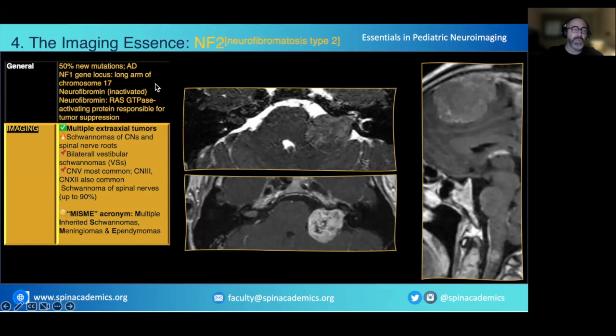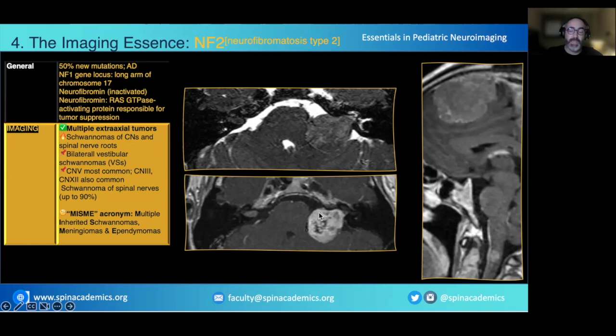NF2 is also autosomal dominant, and 50% are new mutations. The typical characteristic is multiple extra-axial tumors. As in this case, you can see these bilateral schwannomas of the vestibular nerve. They are very huge, with this appearance like a cone that enters the internal auditory canal and is located in the pontocerebellar angle.